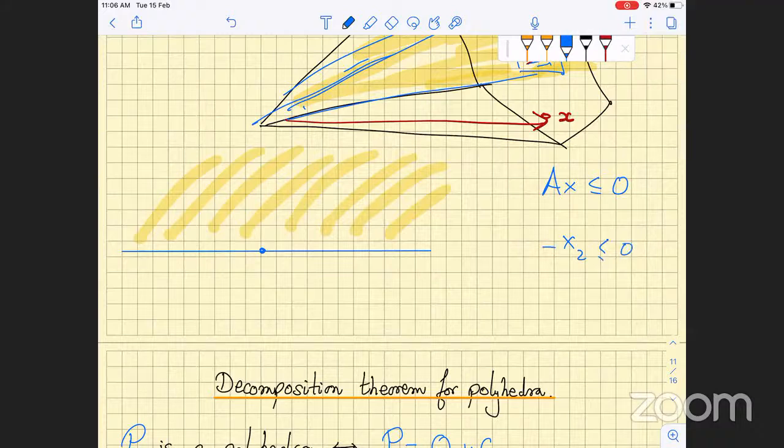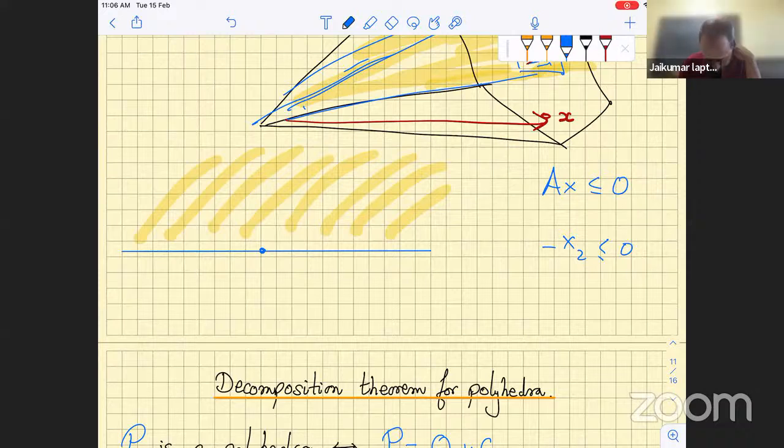Now it's also finitely generated. So which are the vectors which generate this cone? I hope the upper half space. Which are the vectors which generate this cone?